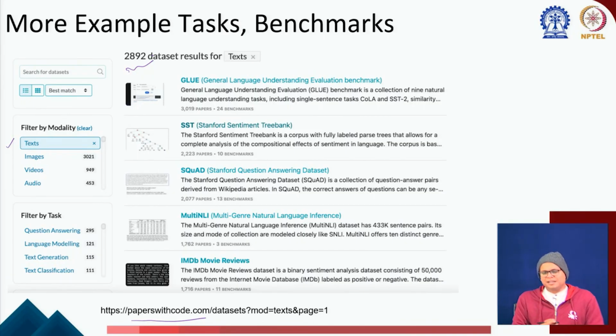They are sorted by which ones are more popular and how many papers are using these data sets. You can see lots of examples of the kinds of NLP tasks that have been popular in recent years, and this would help you get started.